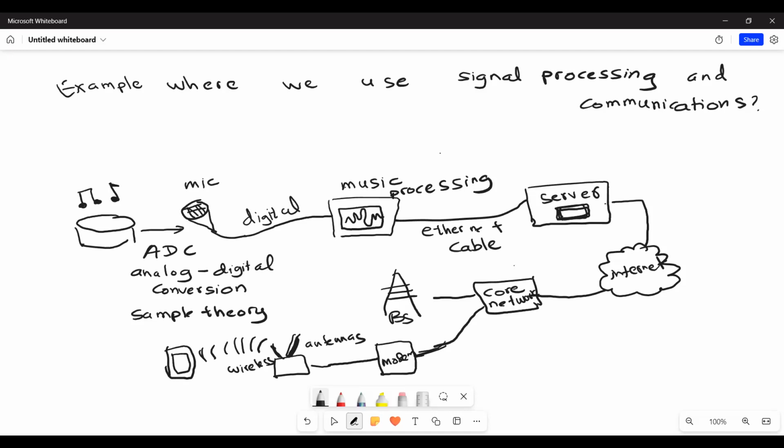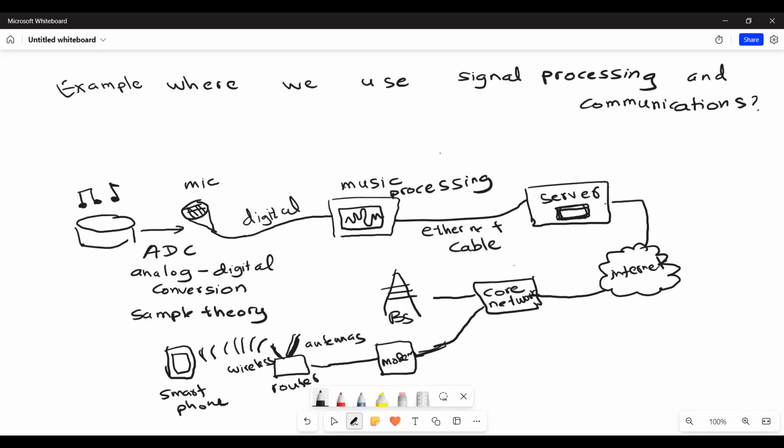This end device could be a smartphone, and the smartphone will receive the data from this router, for example. The smartphone will read the signal again using signal processing techniques.